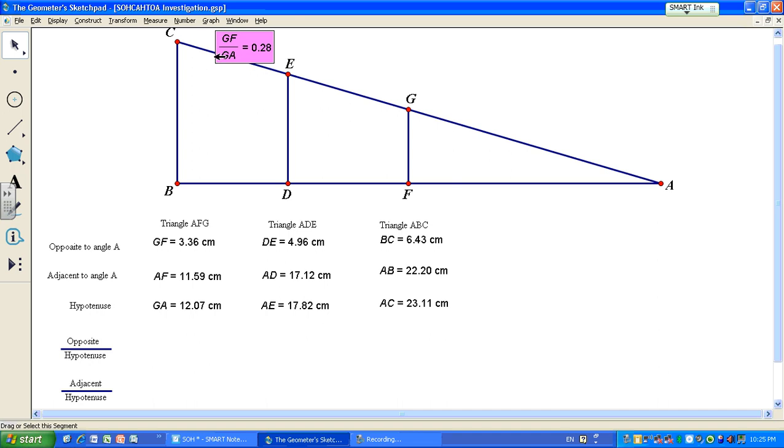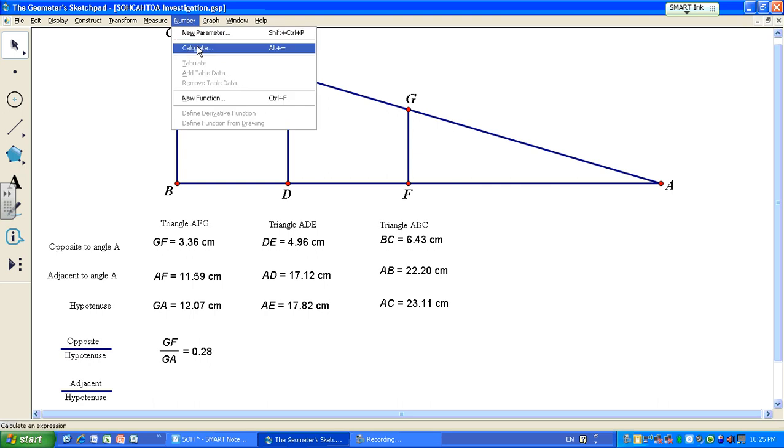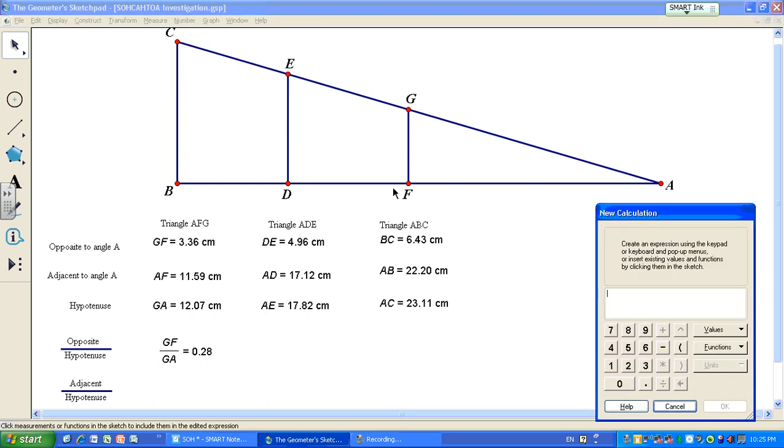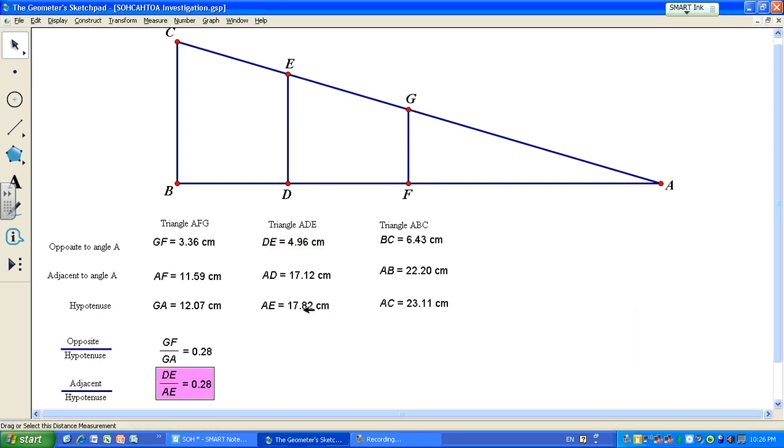I'm going to put opposite over hypotenuse right here. I'm going to do the same thing for triangle ADE. Opposite is DE. This is opposite to angle A. So it's DE divided by hypotenuse again, AE this time. Let's see what happened.